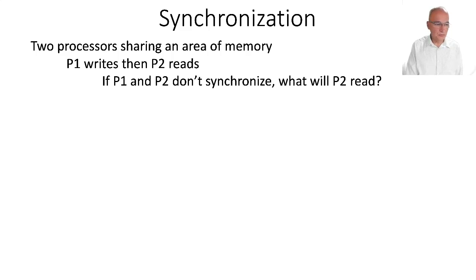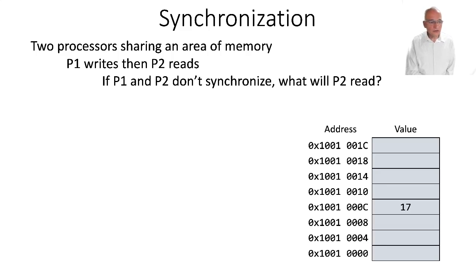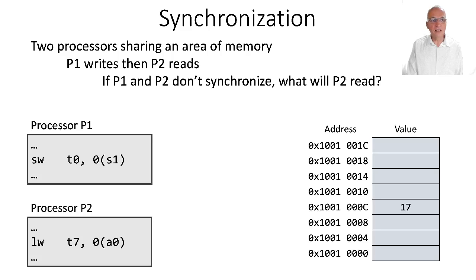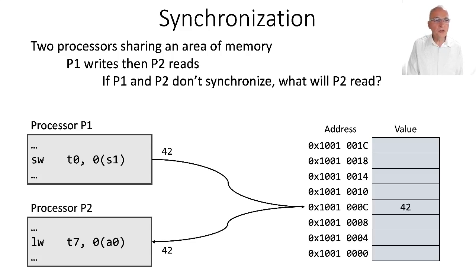So let's consider this example where I have, for example, the value 17 at the address 10100C in memory. And I have a processor P1. Processor P1 is storing a value into that address using S1, and processor P2 is loading a value from that address. So let's say that P1 is writing the value 42 to that address, and P2 is reading the value from that address.